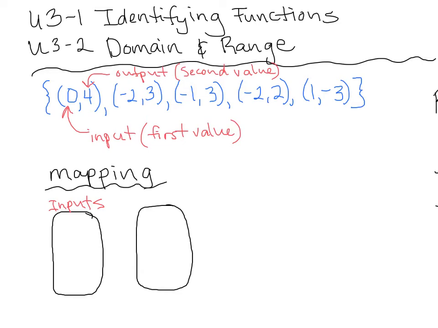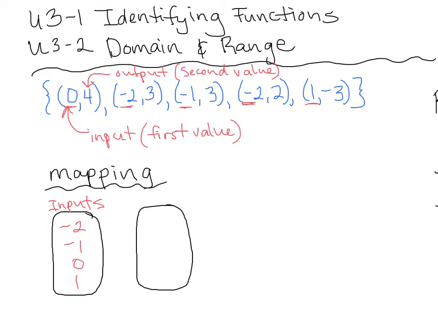So I look above, and my inputs, the first values, are 0, -2, -1, -2 again, and then +1. Now I can choose to write them in actual numerical order. Okay, -2 is the smallest, then -1, then 0, and then +1. So those are all the inputs.